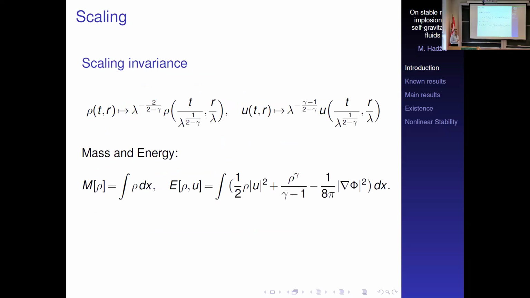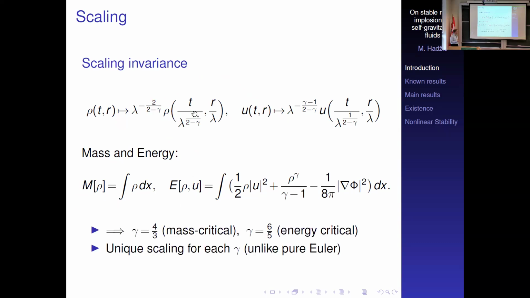So I can breeze through this because Eli already did it. When you get a new equation, you check the scaling invariances and conservation laws. This is the same scaling invariance that Eli wrote down in the previous talk. There's nothing memorable, you don't have to look at the indices, you just have to know it exists. And if you ask what the mass and the energy do with respect to this scaling, the answer is this one.